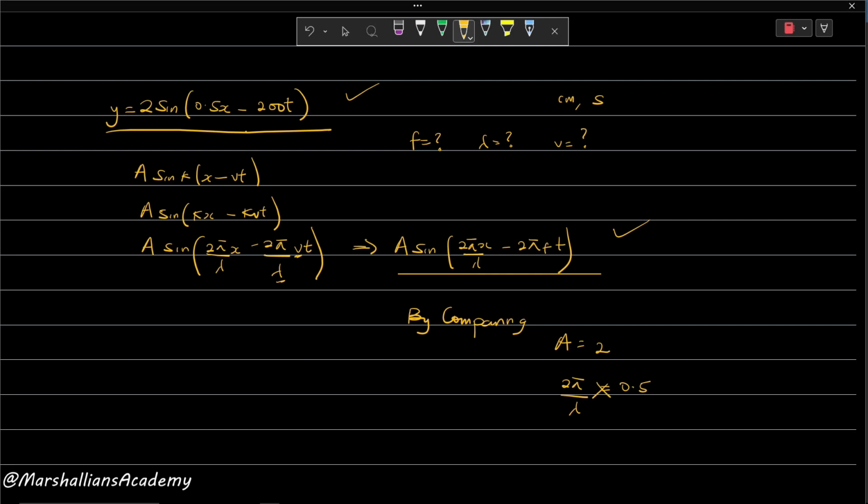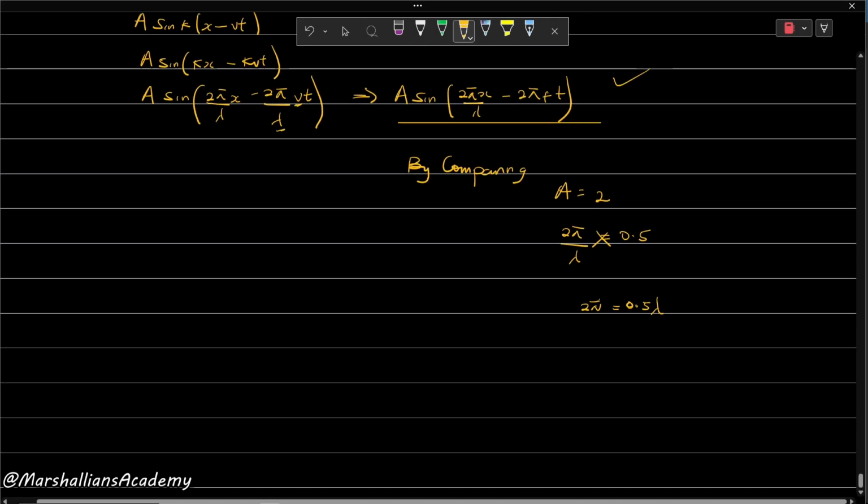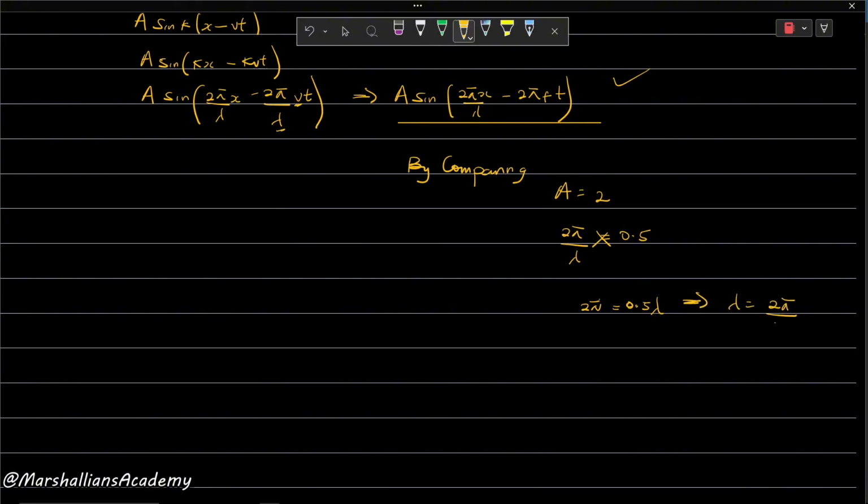Therefore, cross multiply, I could say 2 pi equals 0.5 lambda, right? Because we are still asked to find lambda, let me make lambda the subject of the formula. I'm going to be having lambda is equal to 2 pi over 0.5. 2 divided by 0.5 gives us 4. So lambda is equal to 4 pi. So we have found lambda first.